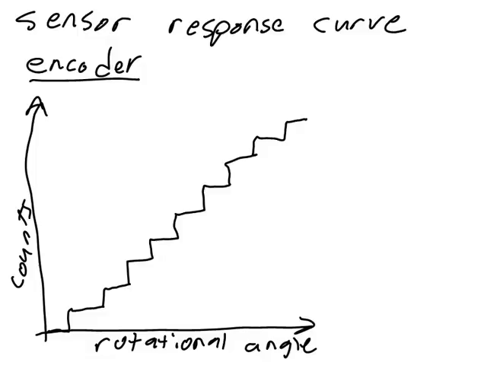We would say that the resolution of the encoder is less than the resolution of the potentiometer. The resolution of a sensor is the smallest amount of the input quantity that we can detect. So this distance here, the smallest rotational angle that we can detect, is called the resolution.